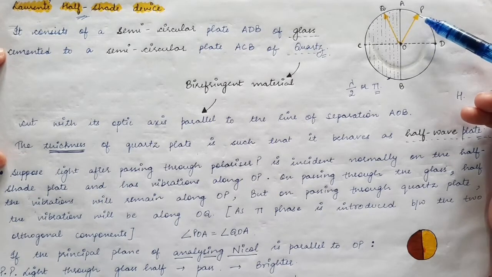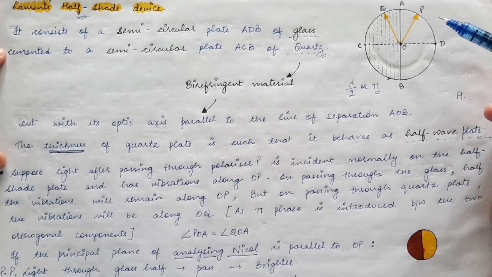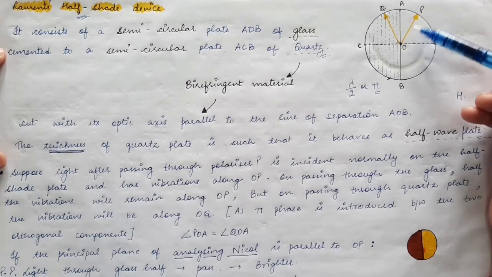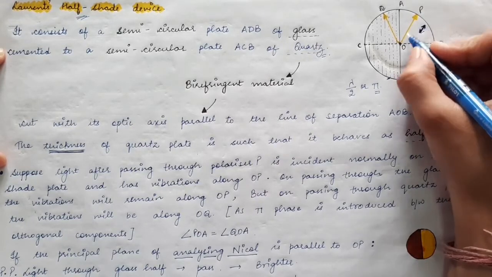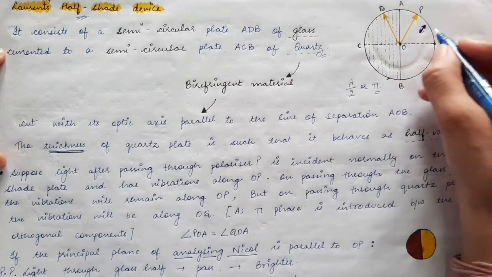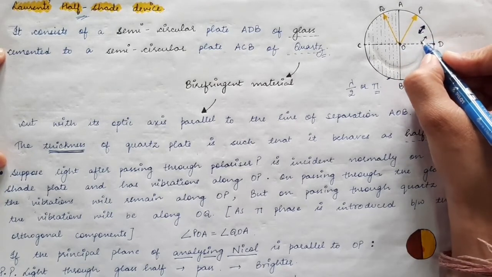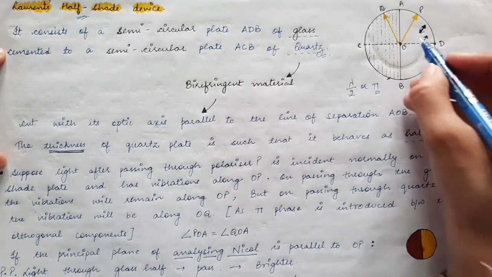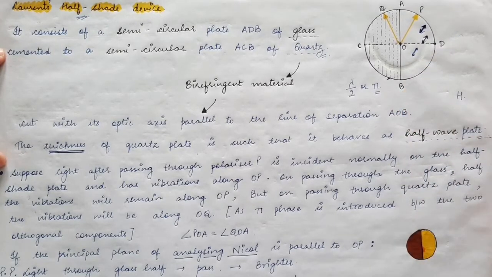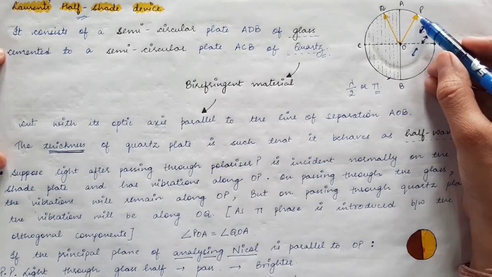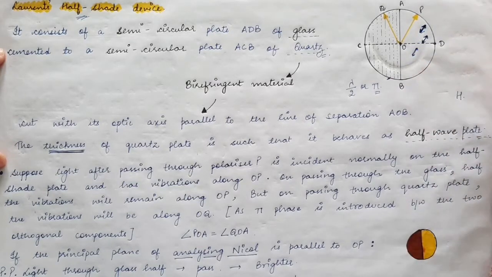So we are supposing that this light has its vibrations of electric field in this direction, as I have shown over here. So the light falling on the half shade plate will have its vibrations of electric field in this manner. By this yellow arrow I have shown the vibration of the electric field.